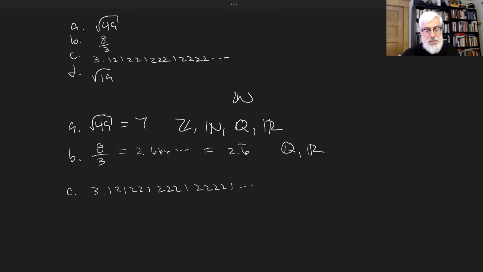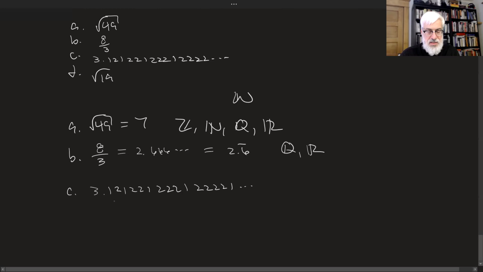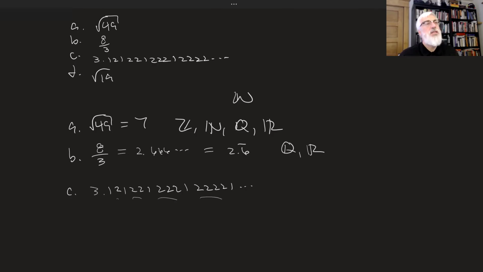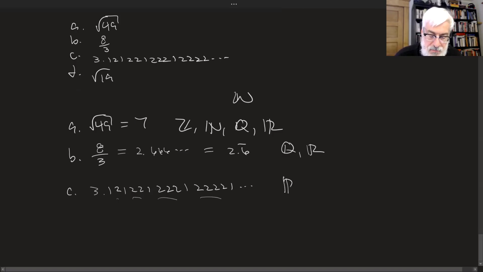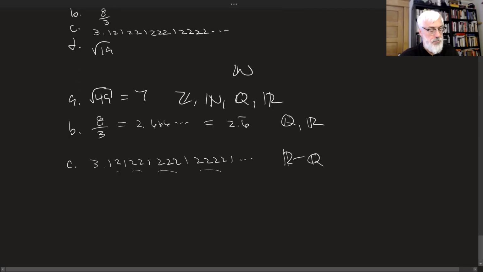And if you can sense what's happening, I'm adding one more 2 between the ones. This doesn't repeat. As much as it looks like there's a pattern, it does not repeat. Because it doesn't repeat or terminate, it is irrational. This will never be expressible as a fraction. It's a non-repeating, non-terminating decimal.